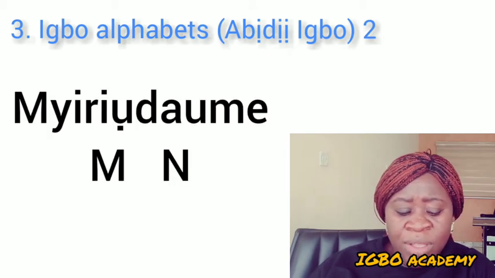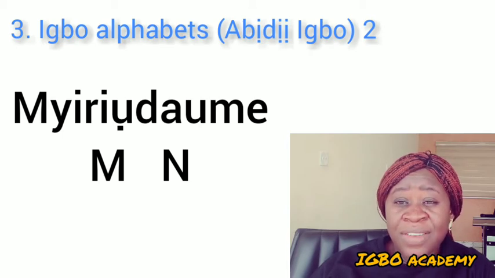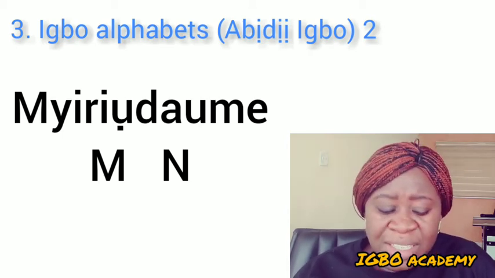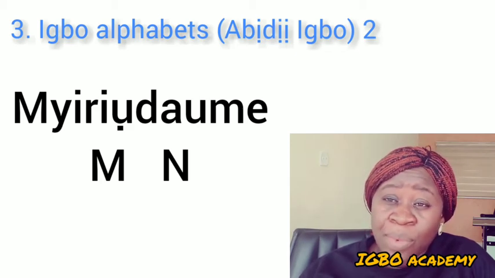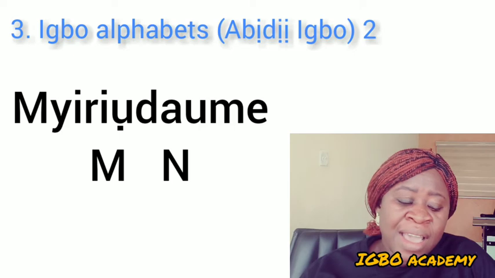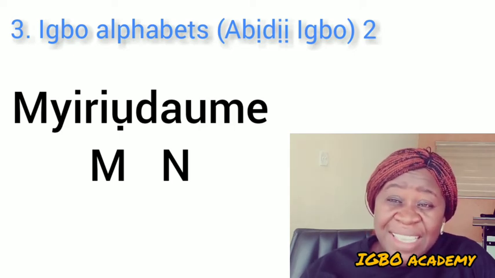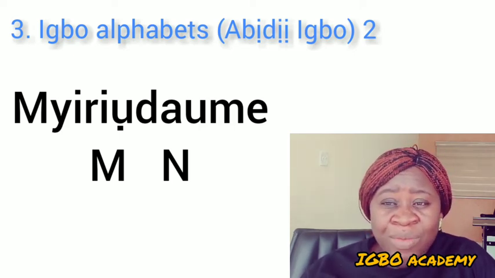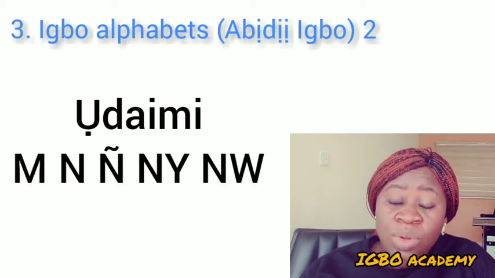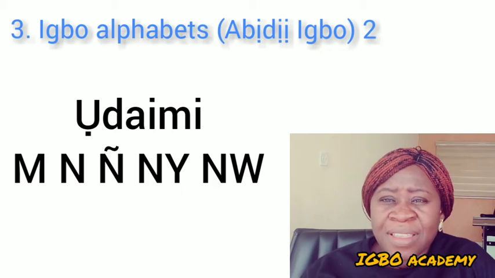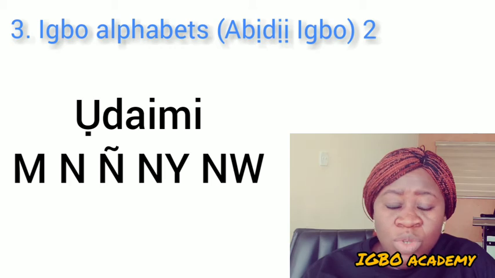So we have another one, inyiri udaume. Inyiri means that it resembles vowels, and there are only two. Those two are the inyiri udaume in the Igbo alphabet. They are consonants that we call from our nose, not vowels.